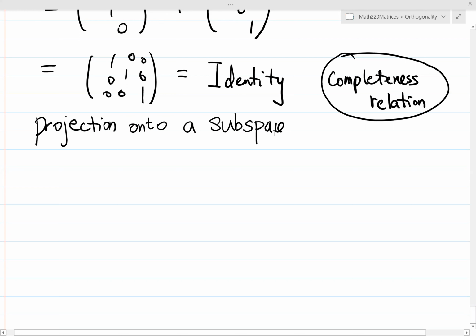So suppose U, capital U, is a subspace of a vector space V. Now we want to find the projection onto the subspace U, given a vector in V. The idea is we project onto an orthogonal basis of U.